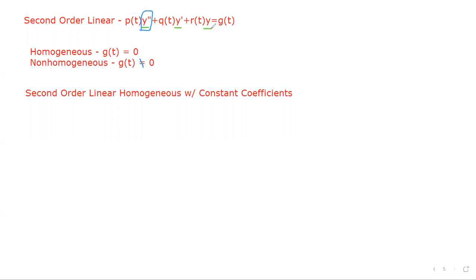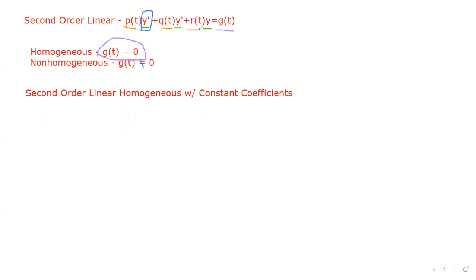So that's nice. Homogeneous. Our g of t over here is going to be equal to 0. So that's going to simplify things a bit. In constant coefficients, that means that our P, our Q, and our R will just be numbers.